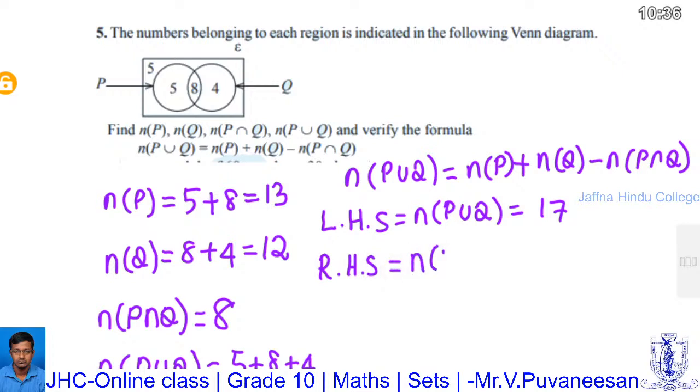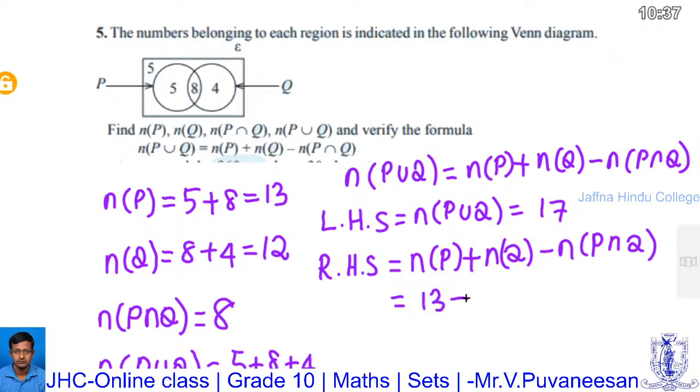Number of P plus number of Q minus number of P intersection Q. Number of P we already found, that is 13, plus number of Q 12 minus P intersection Q 8. We simplify it, 25 minus 8 equals 17. So LHS equals RHS.